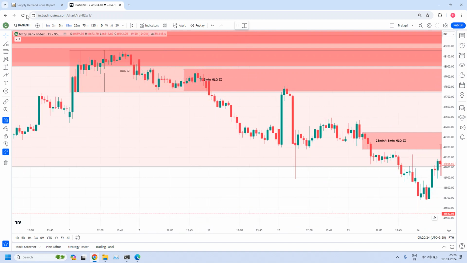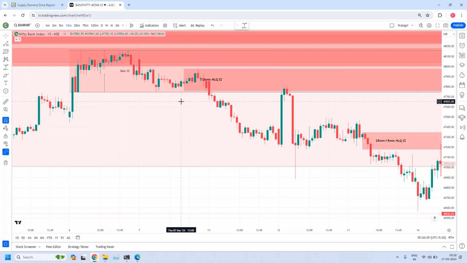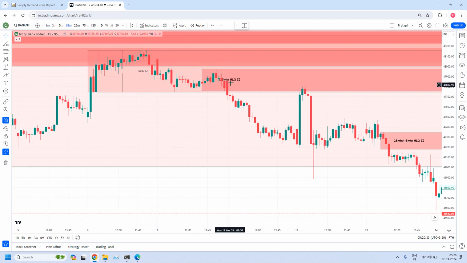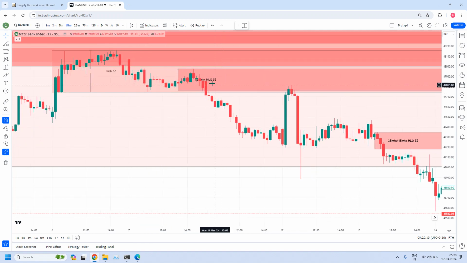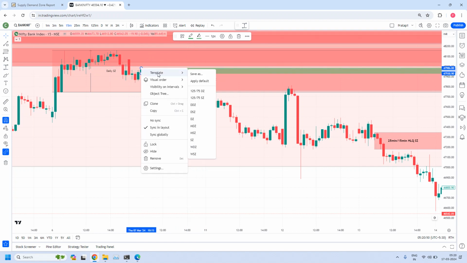So that means this entire 125 minutes high liquidity zone again started from here. That means just above that institutions kept a trap. Actually, it is not a trap. The reason is they are almost the same. The stop loss is slightly adjusted because of this.